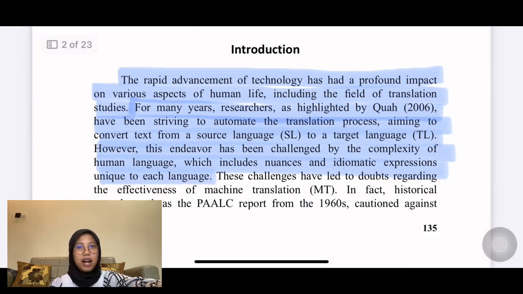Okay, this part is still categorized as background because it explains the general problem that exists in the field, that automating translation is difficult due to language complexity. And in background sections, authors often introduce both the field and the general challenges that exist.